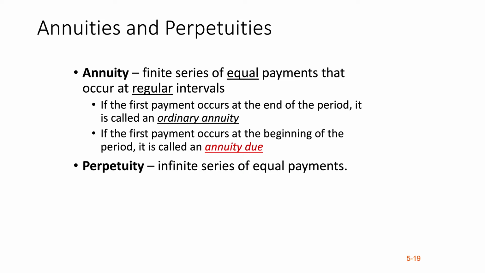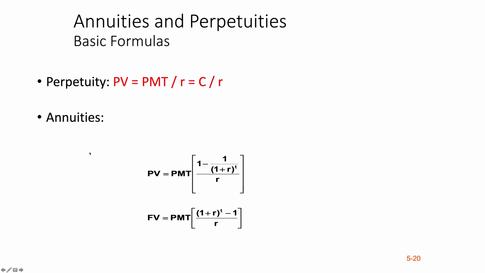Now, annuities are finite series: 30 years, 15 years, 12 months. But if you let the period go to infinity, those annuities we call perpetuity. Since our financial calculator does not have an infinity sign on it, for the perpetuity we have to rely on a mathematical formula.